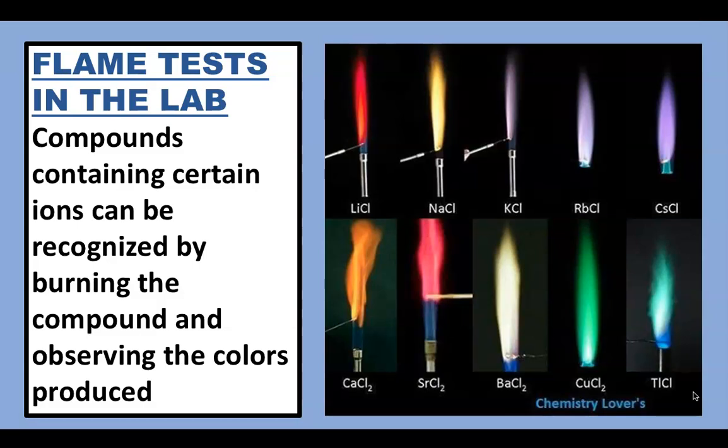But for our experiment, we're doing flame tests, so we'll see what's going on based on just a singular color. We want to use our best ability to identify that color. So not just, it's red, it's yellow, give something else to back it up with.